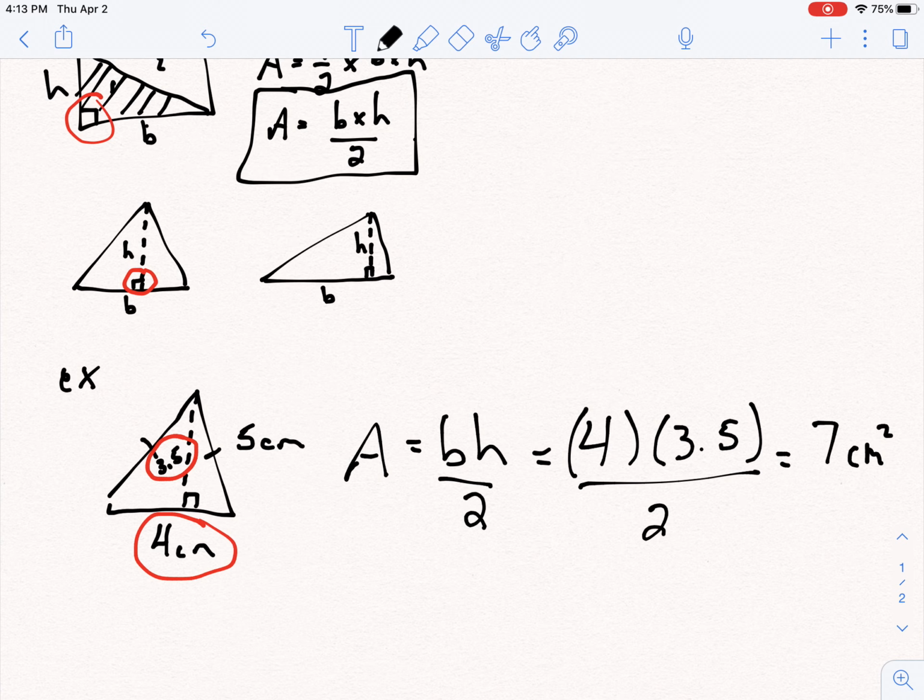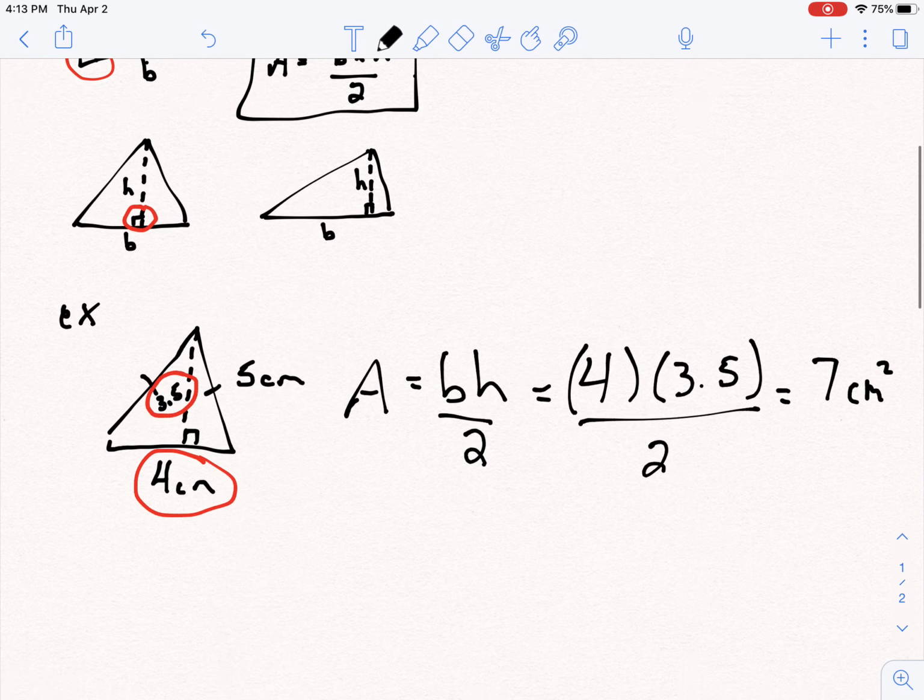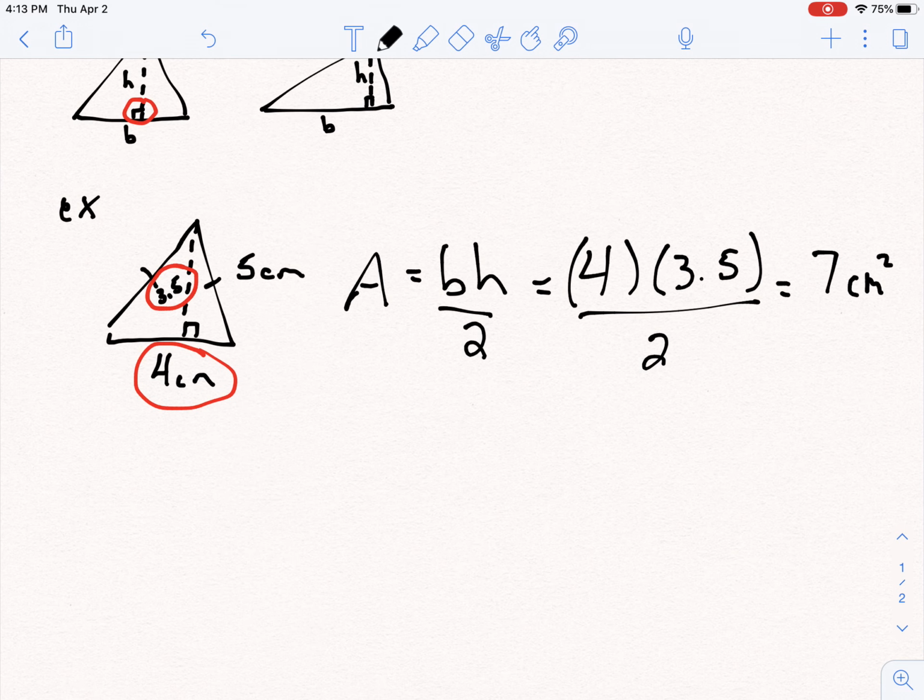Now we can move this also into what we've been working on, which is our prisms. And we can actually start solving for triangular prisms. And all a triangular prism is, it's going to be made up of a few different shapes.